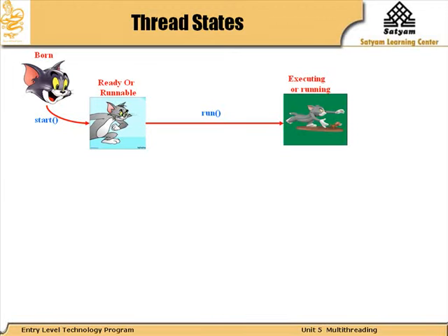As discussed, the thread from a running state may enter blocked, waiting, or sleep states. Let's now send TomThread to bed for n milliseconds by calling the sleep method. Here goes Tom for a sleep. After the n milliseconds, TomThread is ready to run once again.